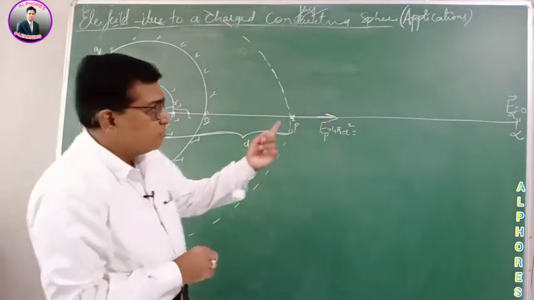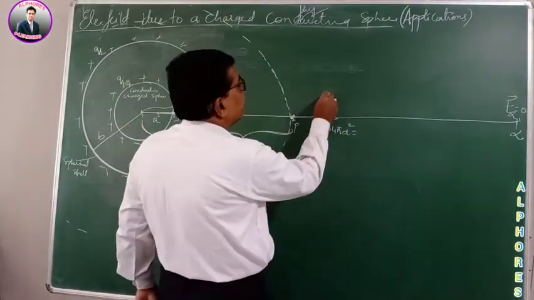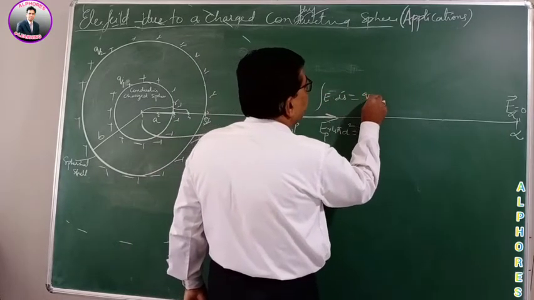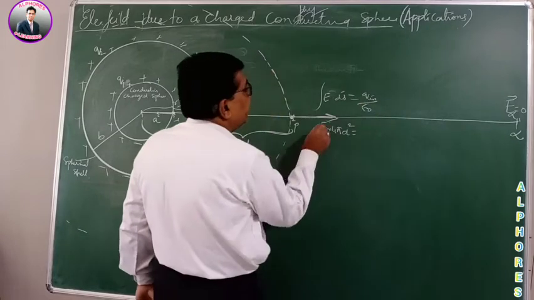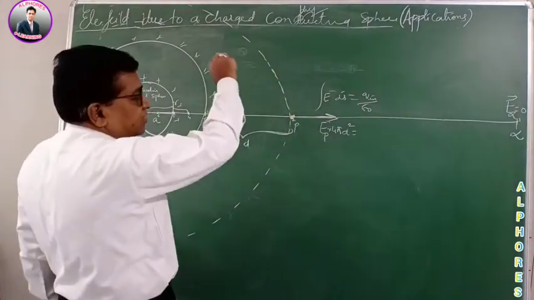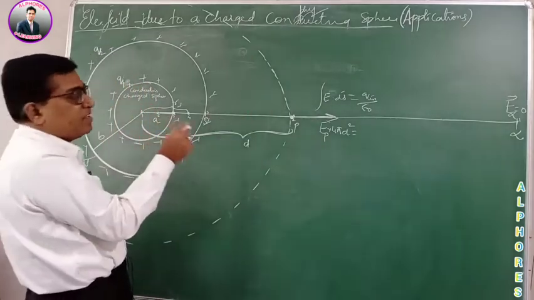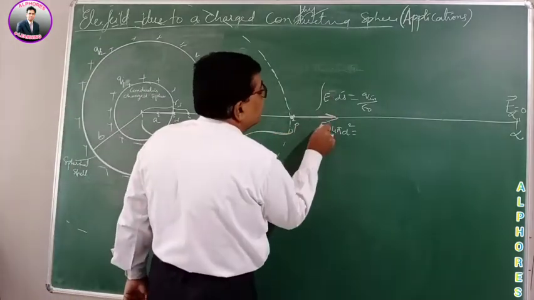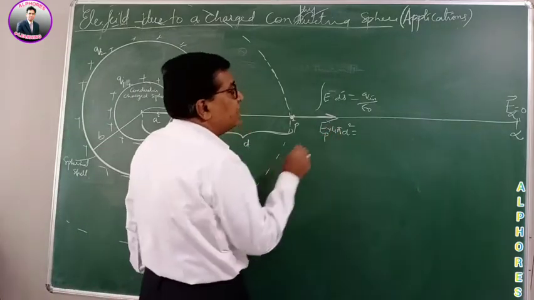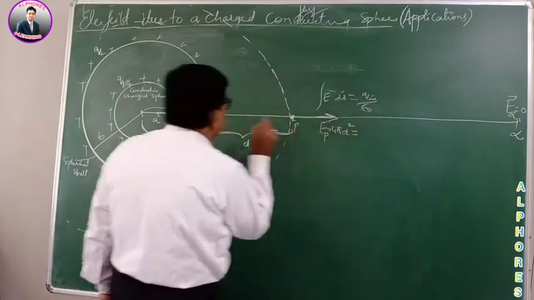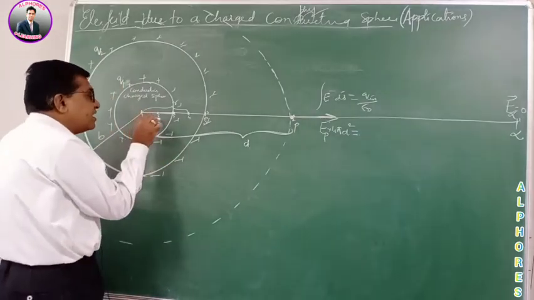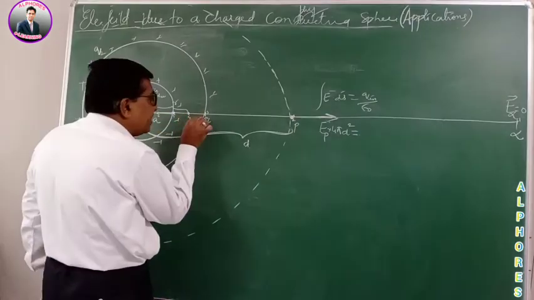According to the mathematical formula, the integral of E dot ds is equal to q inside by epsilon naught. E is symmetrical over the Gaussian surface, so the electric field at all points is the same. The total area of this Gaussian surface is 4 pi d square, and this is equal to the charge inside. Now the total charge inside: there is a conducting charged sphere and there is a spherical shell.